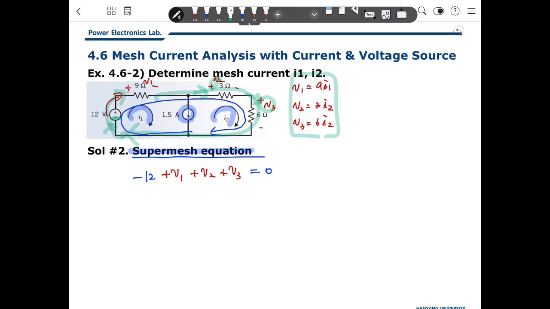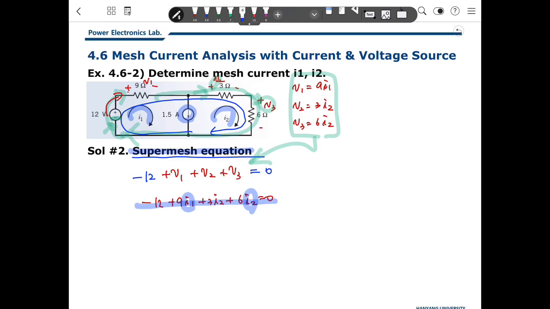So we add these multiplications in here. Minus 12 plus 9I1 plus 3I2 plus 6I2 will be 0. We have only one equation, but we have two unknown variables, I1 and I2.